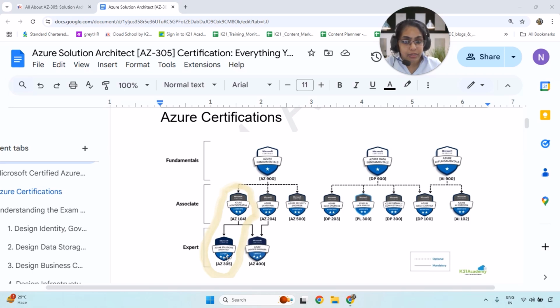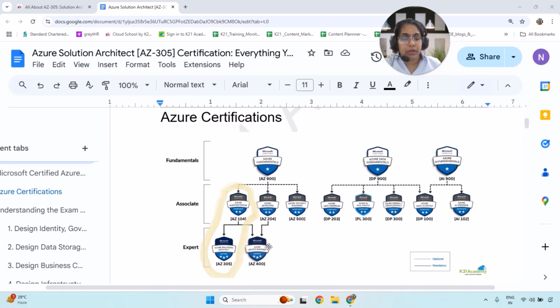This is the criteria for the AZ-305 certification specifically, because it's an expert level certification. It includes two certifications: one is AZ-305, the other one is the DevOps engineer, which is AZ-400. For these two, it is mandatorily required that you clear either AZ-104 or AZ-204, and only then can you appear for these certifications. So this is what the dotted lines and the straight lines mean.